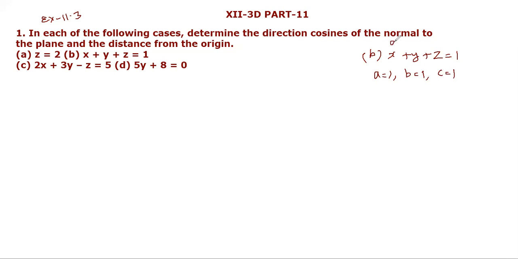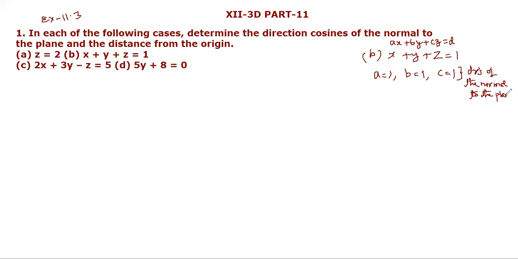If you compare, this is the equation of a plane, ax plus by plus cz is equal to d, the general equation of a plane, and a, b, c are the DRs of the normal to the plane.